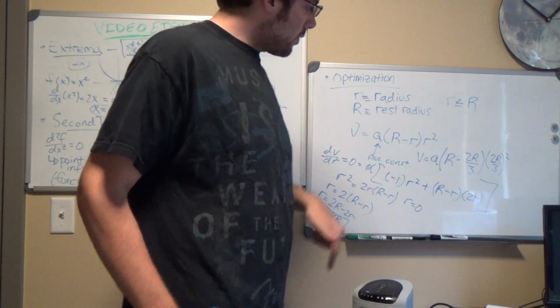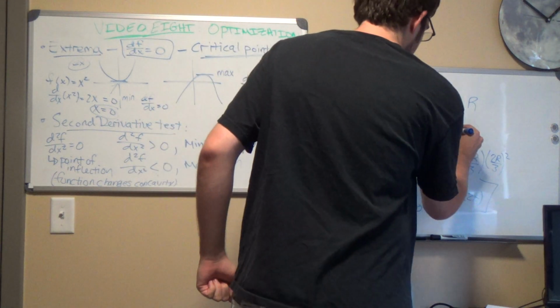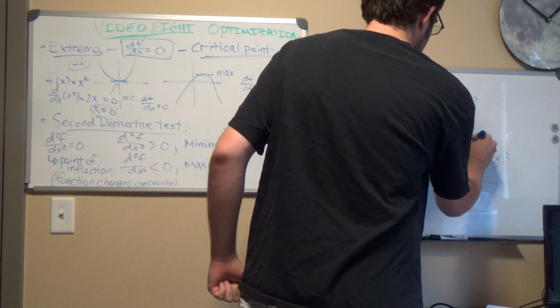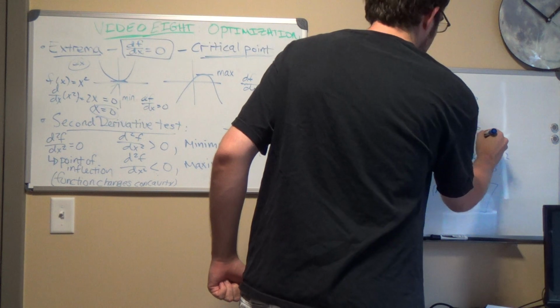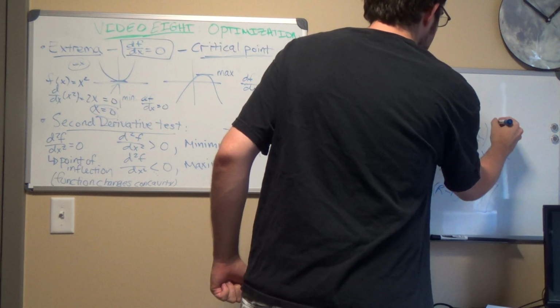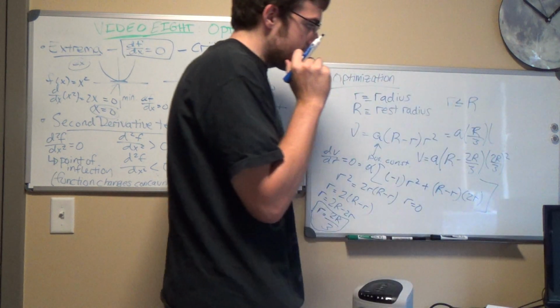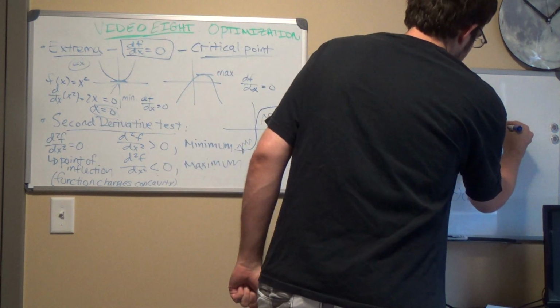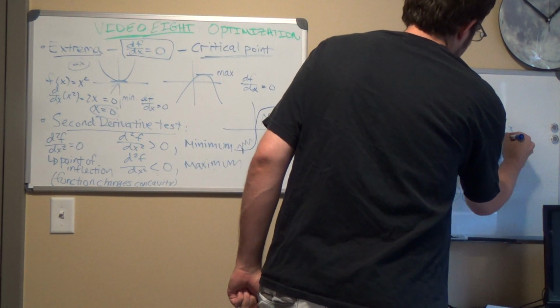R minus 2R over 3 is R over 3. So this is equal to a times R over 3 times 2R over 3 squared, which is 4R squared over 9.